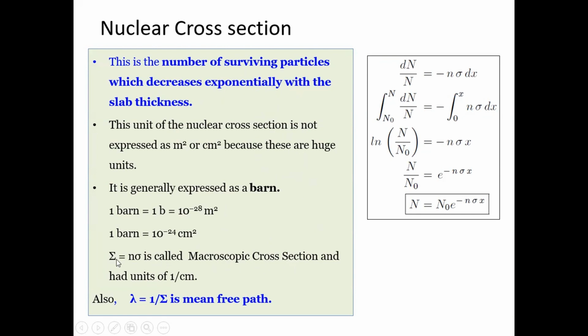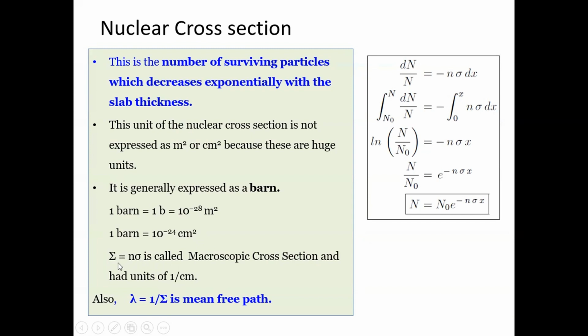The capital sigma is called the macroscopic cross-section, and it is the number of atoms in the material multiplied by the microscopic cross-section, and it has the unit 1 over length, because number density is the number of nuclei per centimeter cube, and cross-section has the units of centimeter square.